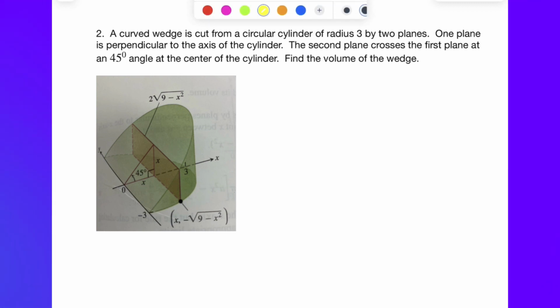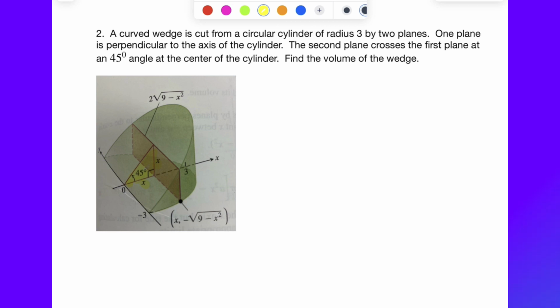And since that's a 45, 90 right triangle, I know my two sides are the same. So if I make that distance x, the height is also x of this right triangle. And I know I have a cylinder whose radius is 3.